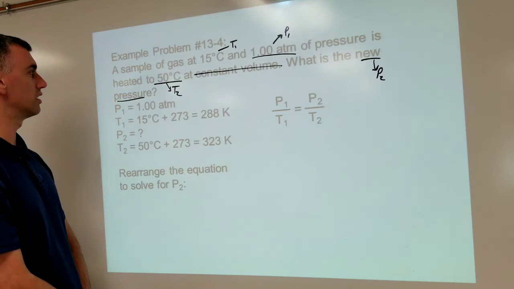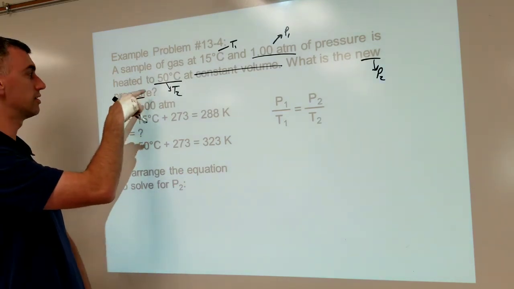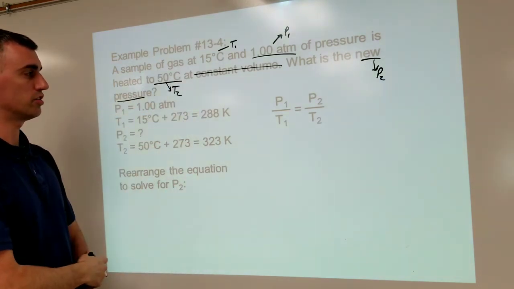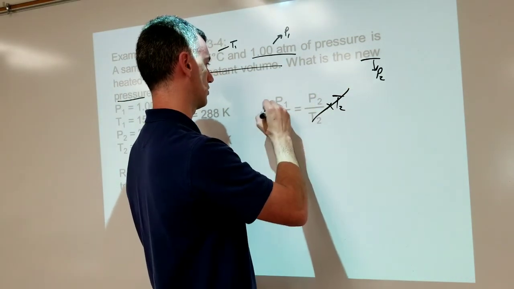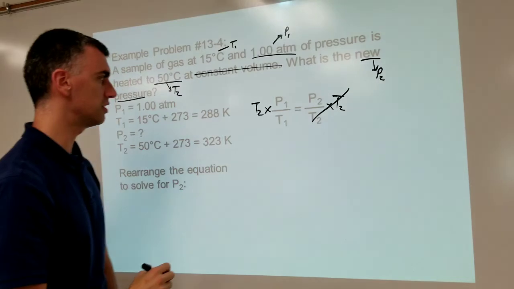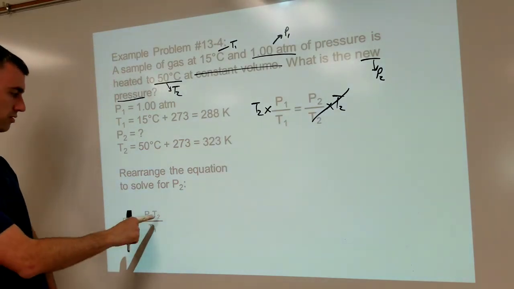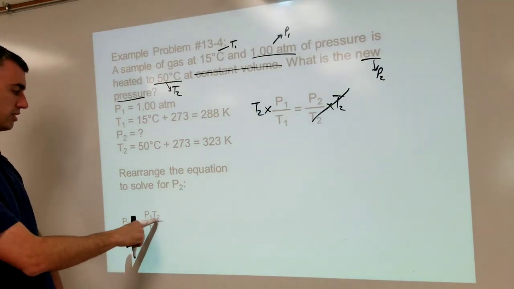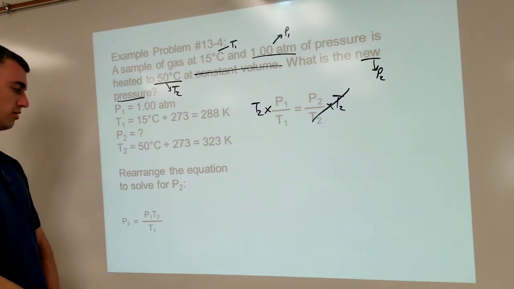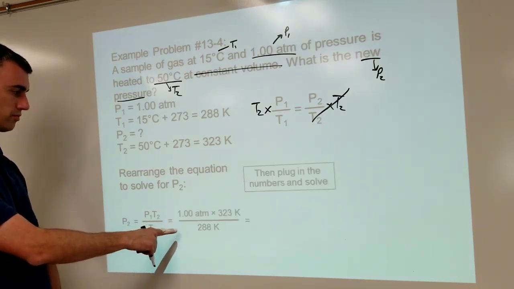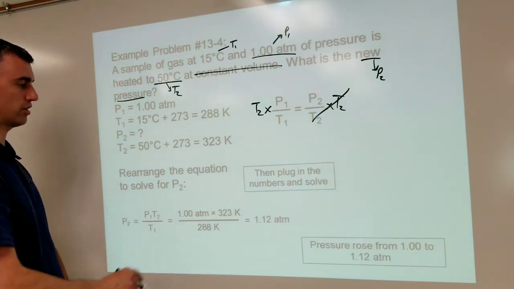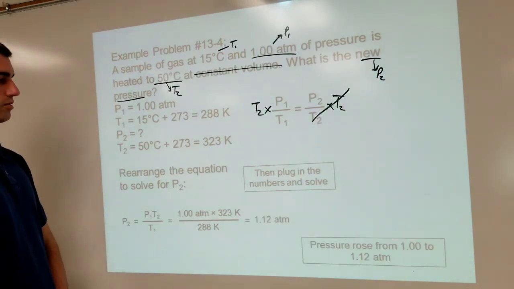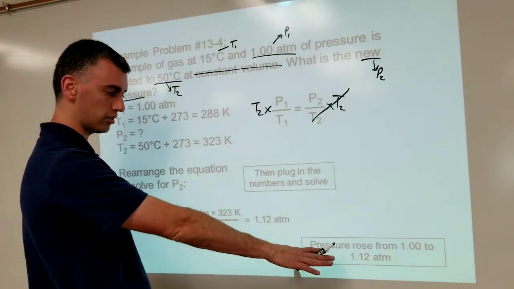You're trying to find the new pressure, that's P2, which means we're going to multiply both sides by T2 in order to get P2 by itself. So T2 times P1 over T1. So there you go, T2 times P1 over T1. And then plug in the numbers with Kelvin canceling Kelvin to give a pressure in atmospheres. So I just put this here to be a little clearer for the viewer.